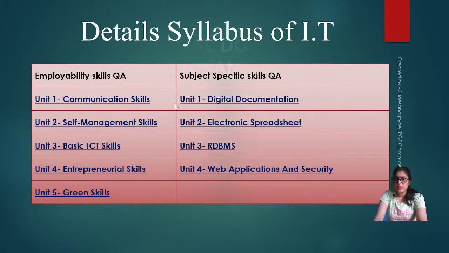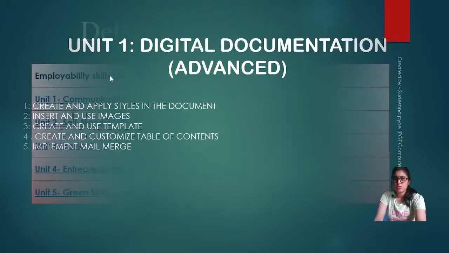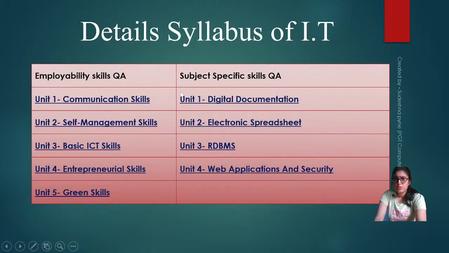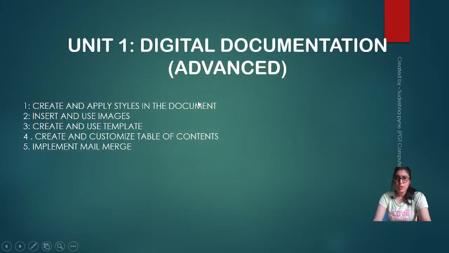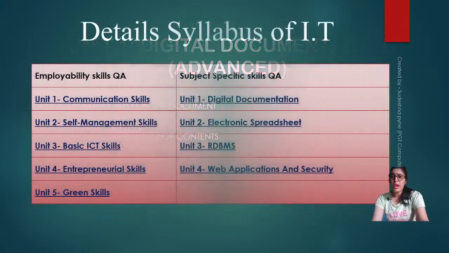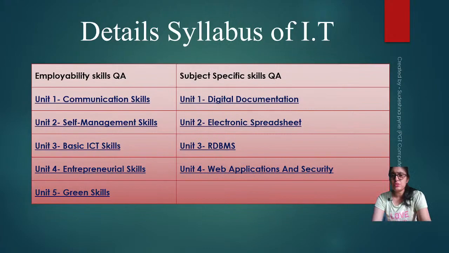We are having 4 chapters over here, unit 1, 2, 3 and 4. Today we are going to discuss the first chapter, digital documentation, and we are going to start unit 1 for subject specific skill.